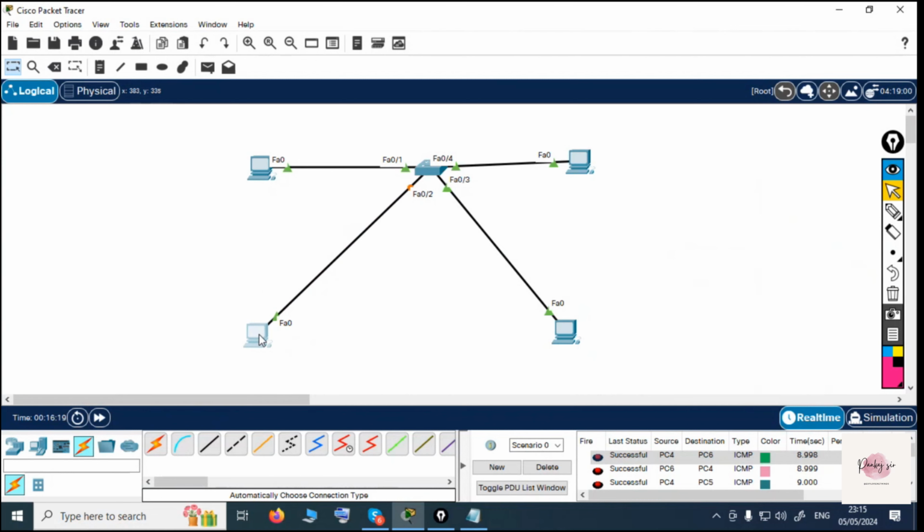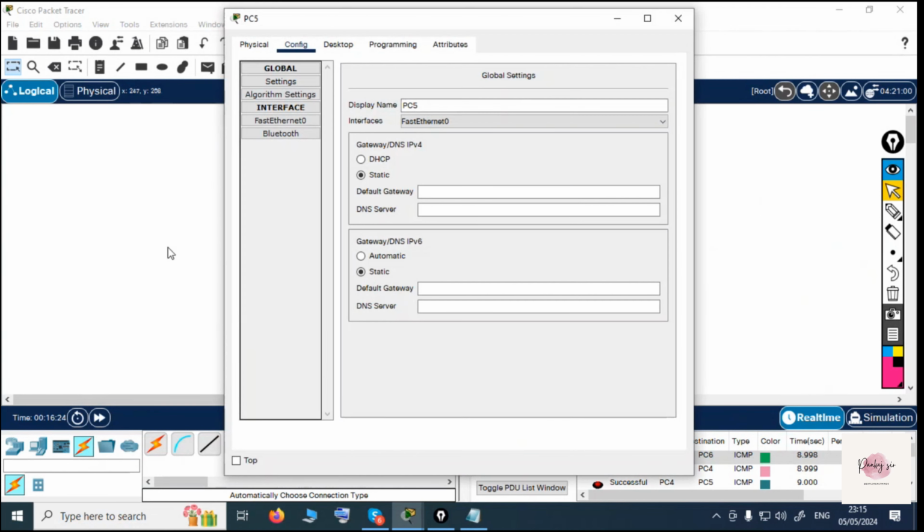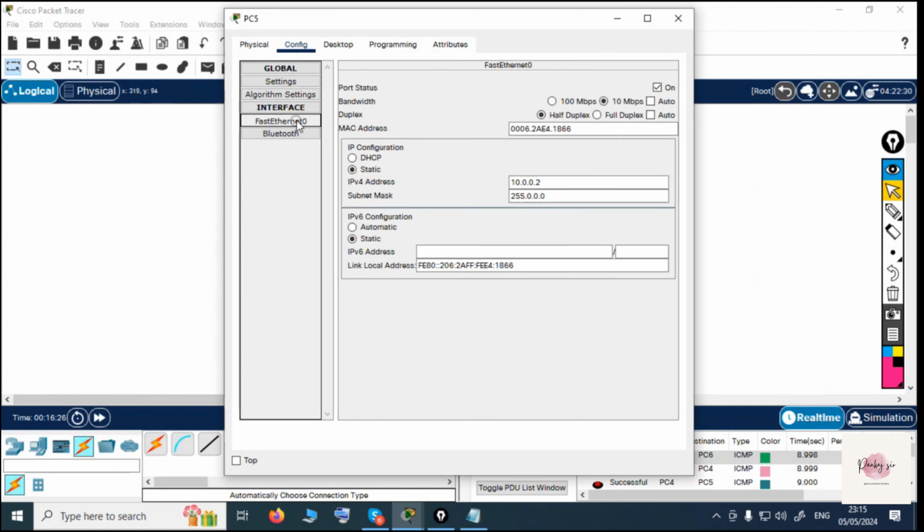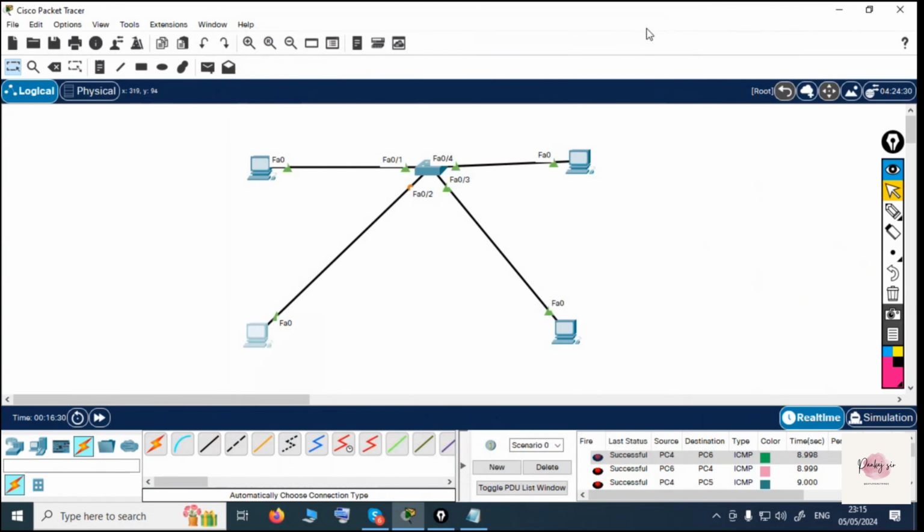Let it get green first. Let's check if it's still half duplex or not. Yeah, it's still half duplex. Let it get green. Wait for some time.